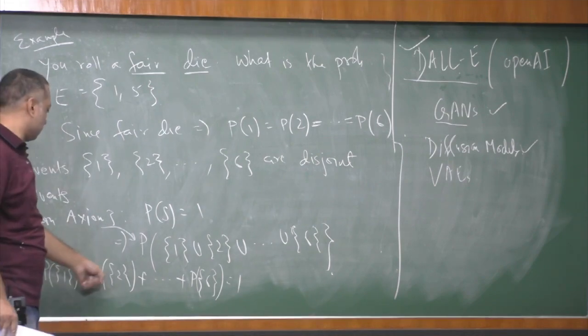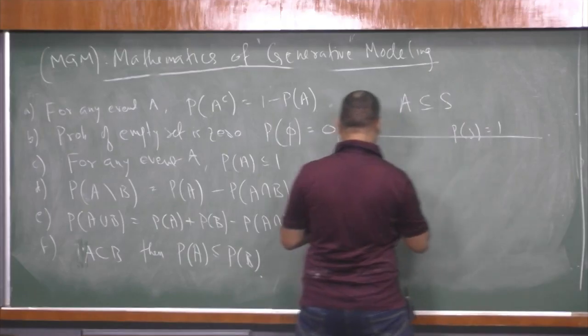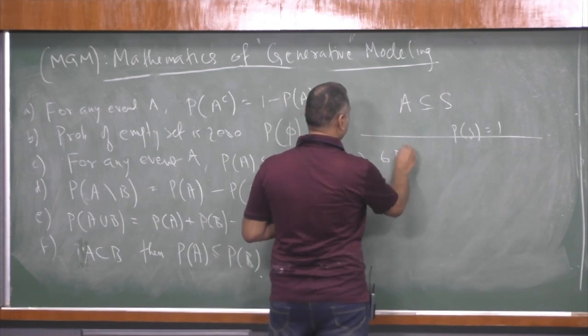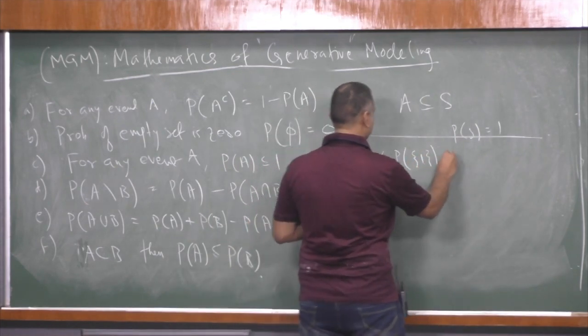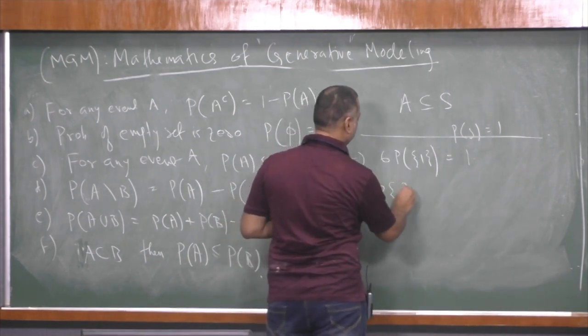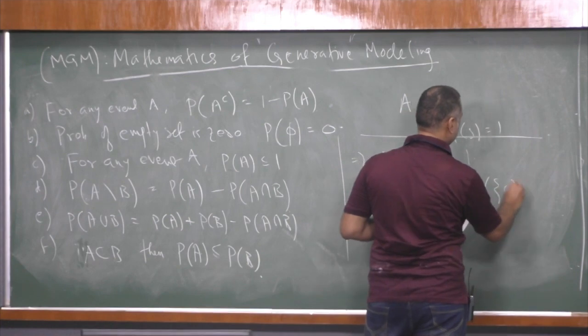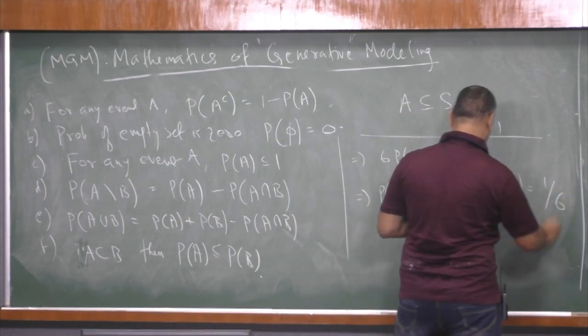So this will be 6 times one of these, which implies 6 times P1 is 1. So the probability of 1 equals the probability of 6 equals 1 over 6.